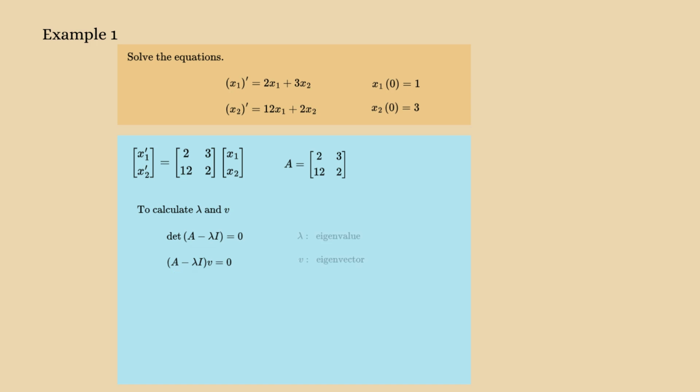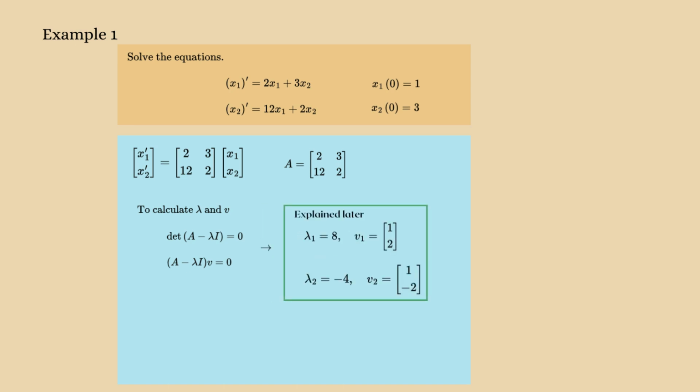This lambda is called the eigenvalue of A, and this v is called the eigenvector of A. This eigenvalue and eigenvector are actually determined by the matrix A. The process to get our eigenvalues and eigenvectors, lambda 1, v1 and lambda 2, v2, is a bit tedious, so let me skip this step first and I will go back to explain this step later.